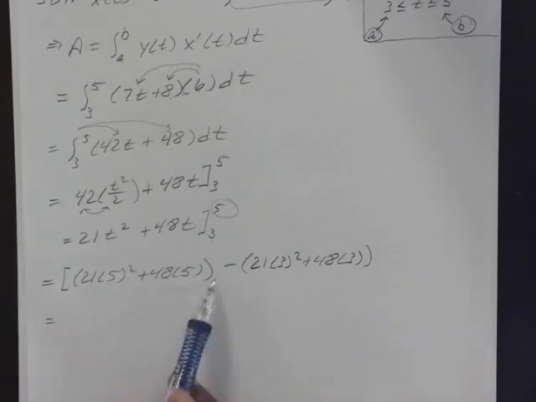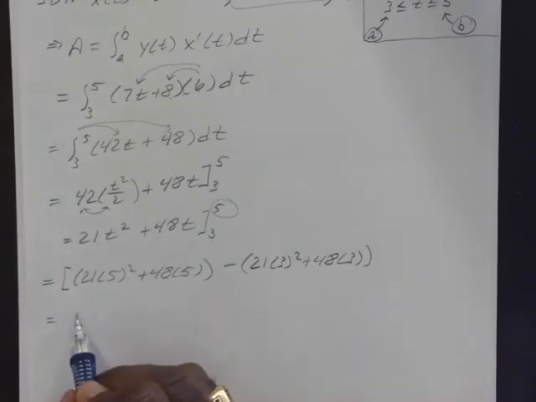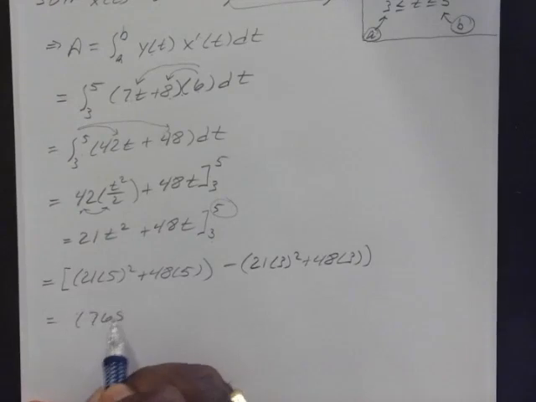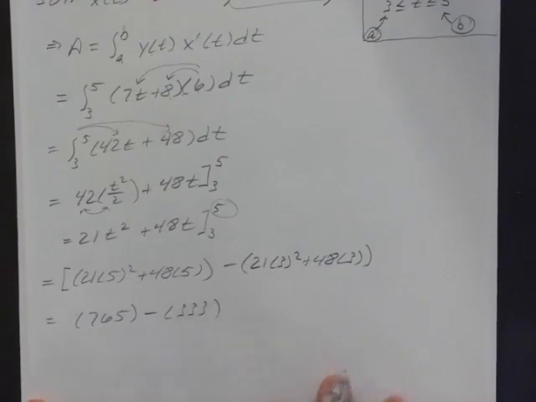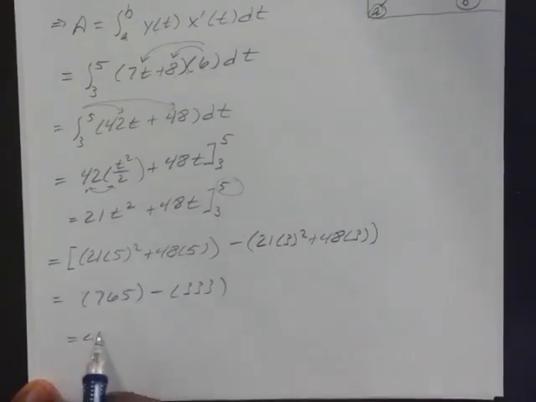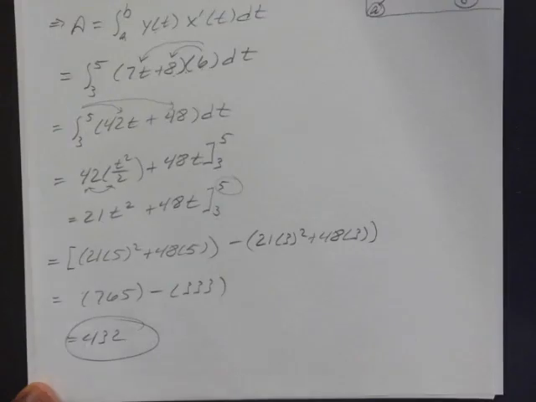Okay. So if we plug that into our calculator, we end up with 765 minus 333, which gives us 432.